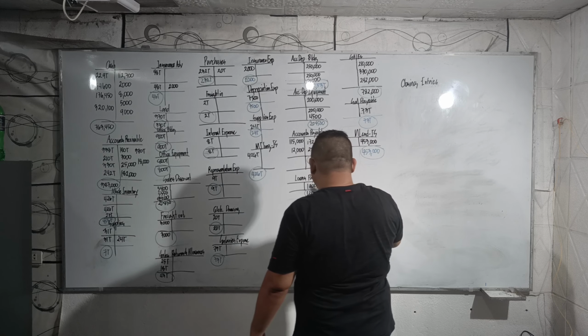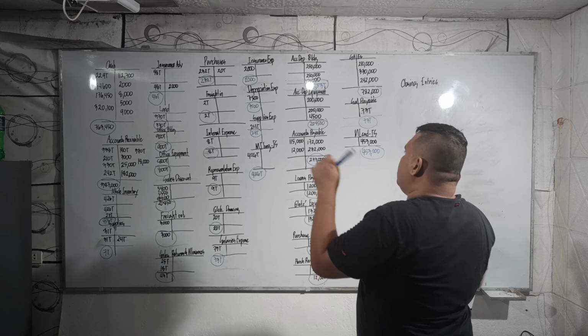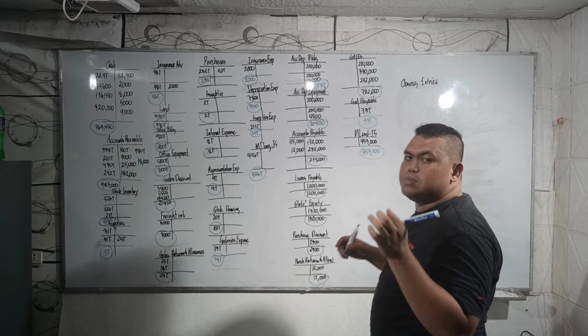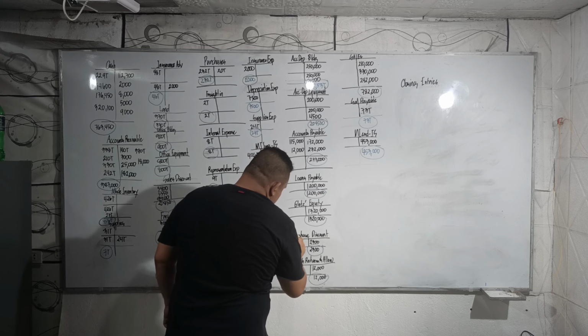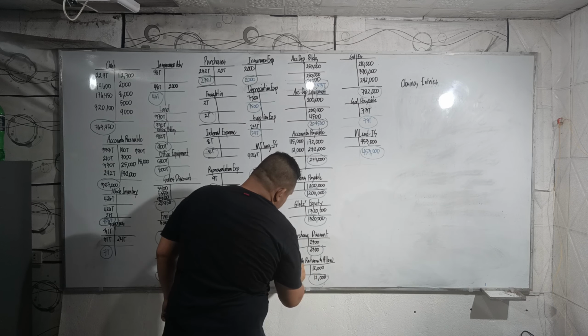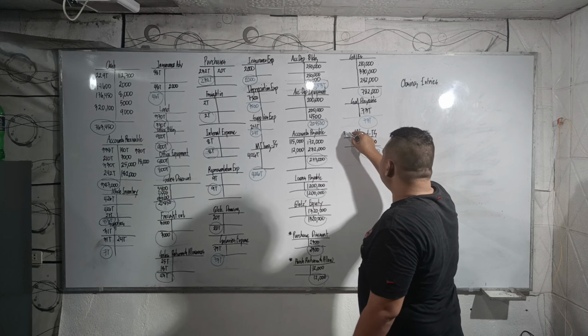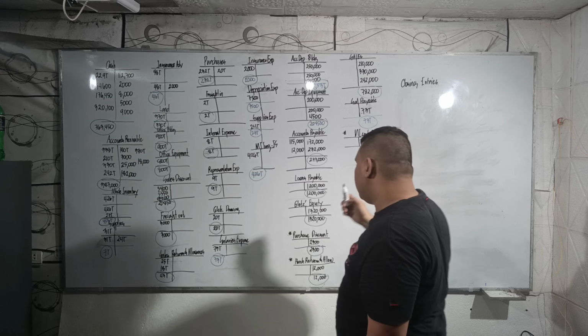Accounts payable, loans payable, and owner's equity are all balance sheet accounts. What we're looking for is in the income statement. So these are the income statement accounts: the purchase discount, purchase returns, and the merchandise inventory end.